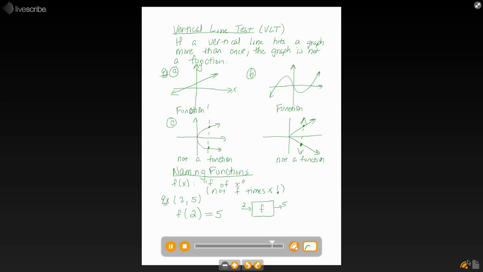So, for example, let's look at f of x equals 2x plus 3. And the question says find f of 4. Okay, what does this mean?